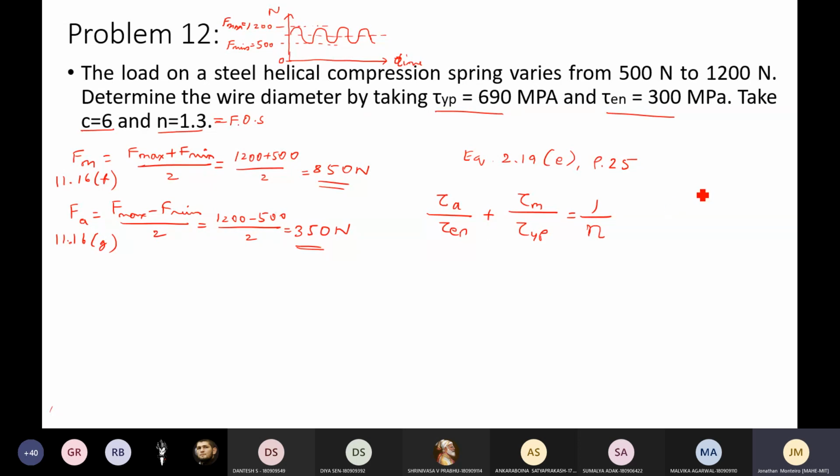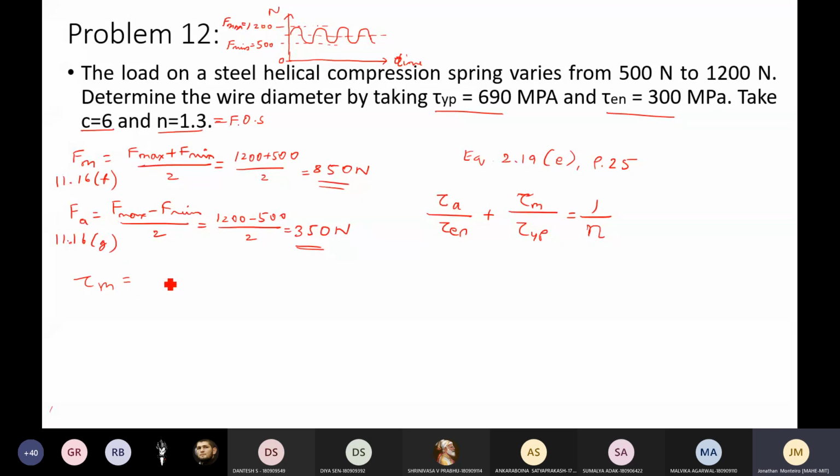This is in 2.19e, page 25. Now tau yp is given, tau endurance is given, fine. What about tau a and tau m? Now what you have here is the axial load acting on the spring. You have to convert it to an equivalent load in tau a and tau m respectively, so the shear part of it, the shear acting on that particular spring. For that you need to use the equations.